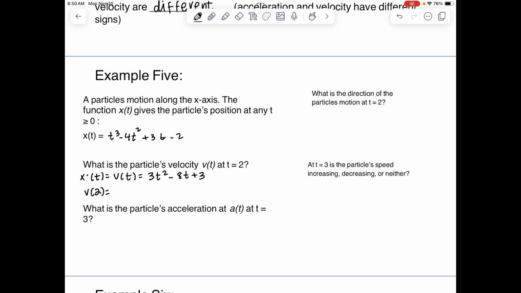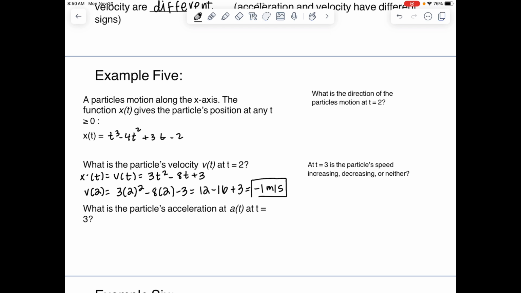Specifically, the velocity at 2 would be 3 times 2 squared minus 8 times 2 plus 3, which equals 12 minus 16 plus 3, which is -1. I didn't put any units on this, but let's just assume it's meters per second. And so the particle's velocity is -1 meters per second.